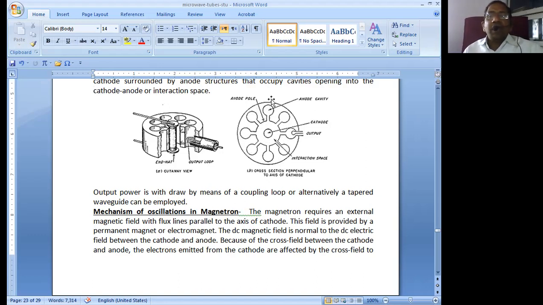From one of the cavities, we take the output. The space between the cathode and the anode is known as the interaction space, the interaction space for the DC electrons and the RF signal which is getting generated. That is the constructional feature of the magnetron.